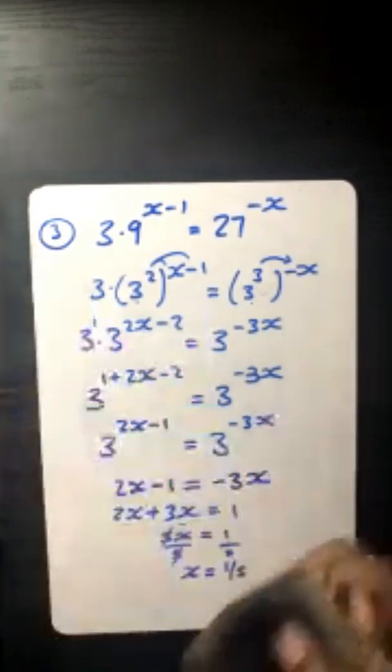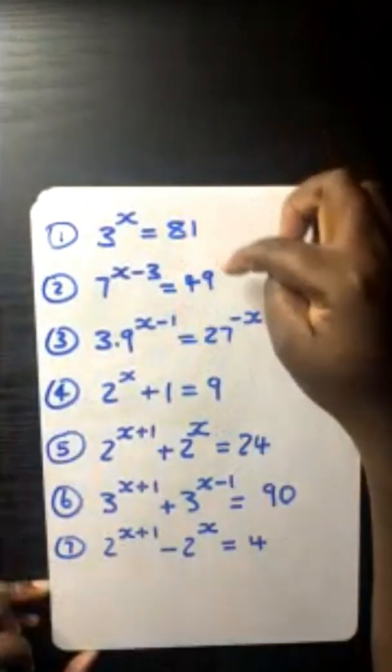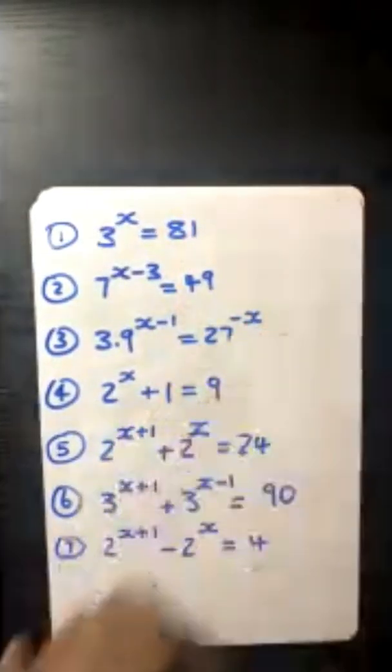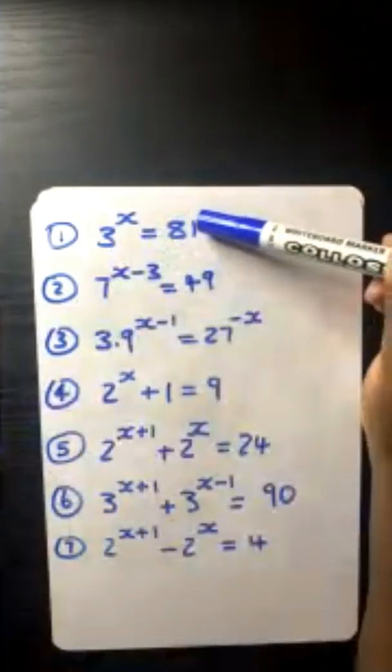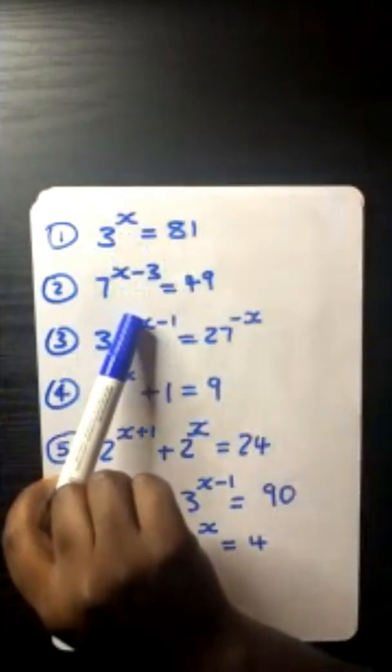Okay, so now let's move to question number 4. It's a bit different from question number 1, 2, 3. So can you see where's the difference? On question number 1, on the left, we have one term. On the right, we have one term. Question number 2, one term on the left, one term on the right.